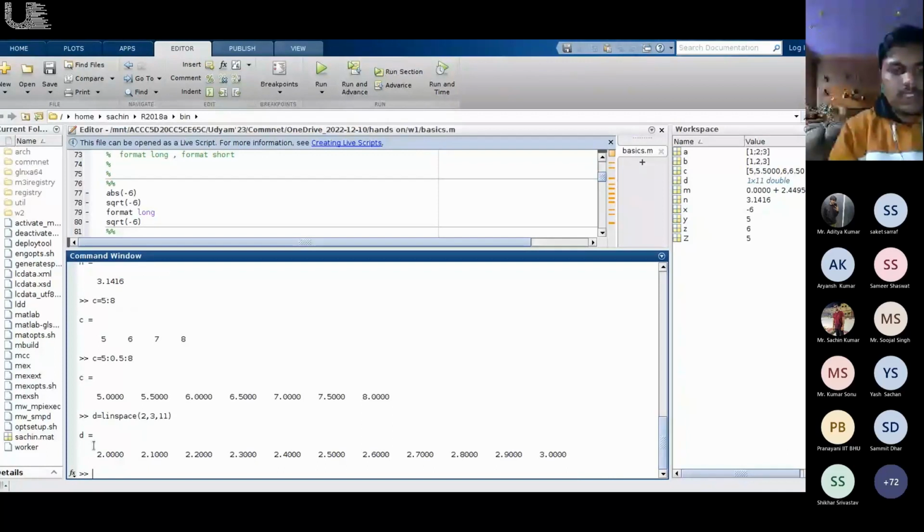In total it will create 11 elements starting from 2 and ending at 3. If you want to create an evenly spaced vector and you know the number of elements but not the gap between the individual elements, you can use linspace. If you know the gap, you can use 5 colon gap colon the ending element.